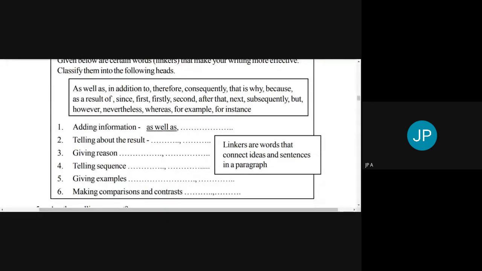This is another example using however. I like to play badminton. However, I am not interested in cricket.